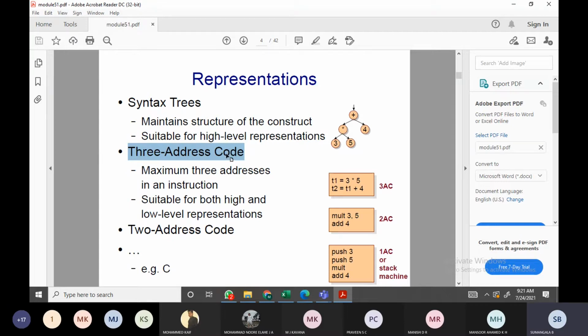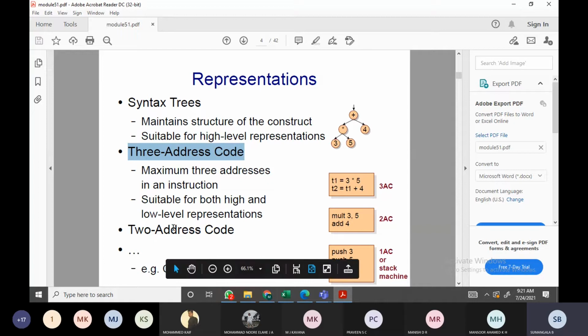So here we are representing the intermediate code by using the 3 address code. As I told you in the lab program, in the 3 address code we will have 3 operands. On the right hand side you will have a maximum of 2 operands with at most 1 operator, and the left hand side will be the assignment.